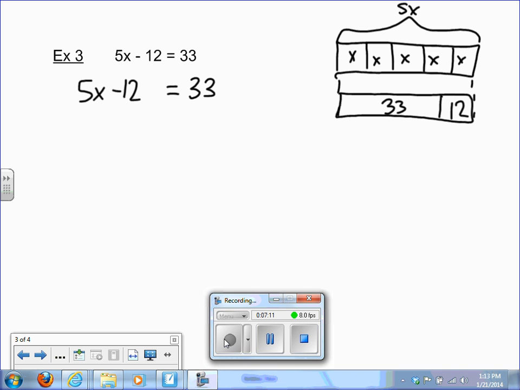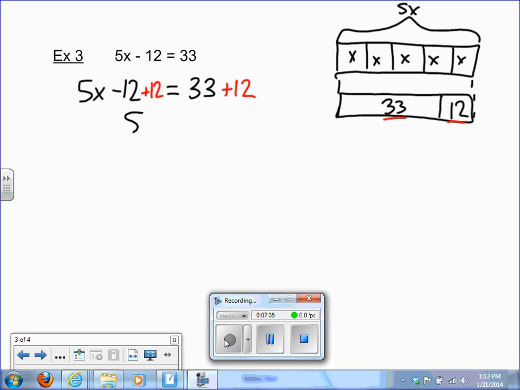We have to add 12 this time. It's a little different. Okay? Because if we see 12 plus 33 makes up 5x. That's why we're adding 12. All right? Once you do that, you can tell me the next line. What are we left with here?